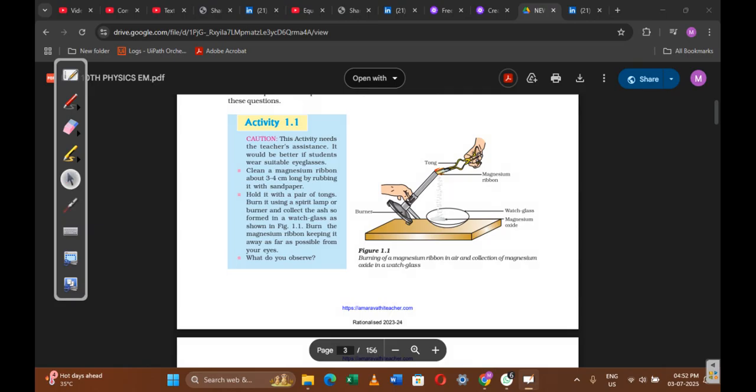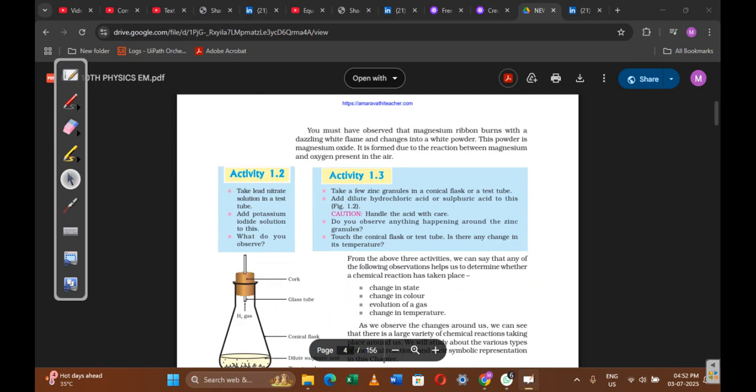In activity 1.2, lead nitrate reacts with potassium iodide. This is a double displacement reaction. Two elements exchange their places in this activity. Activity 1.3 is zinc reacting with hydrochloric acid.